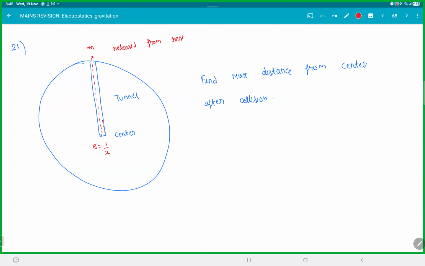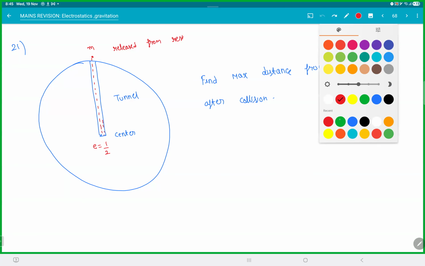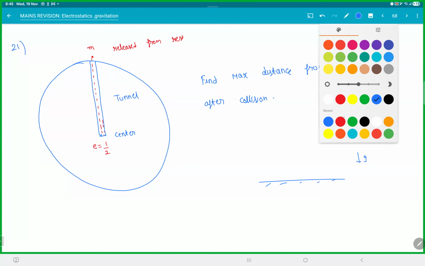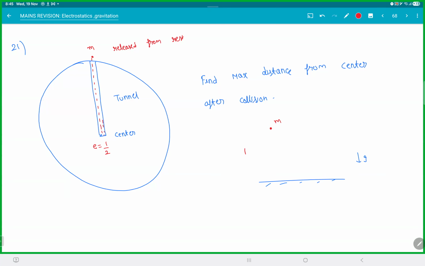I hope you remember, whenever you collide head-on, your speed becomes eu. If the same problem had been asked where gravity was uniform, if you drop the particle from height h and e is equal to half, it hits the ground with speed u, and bounces back with speed u by 2.